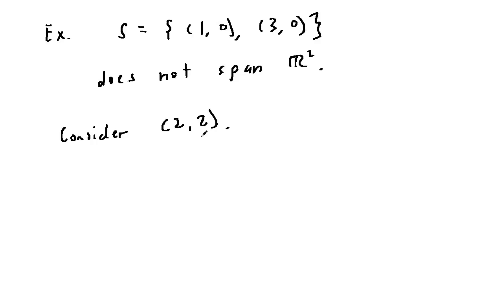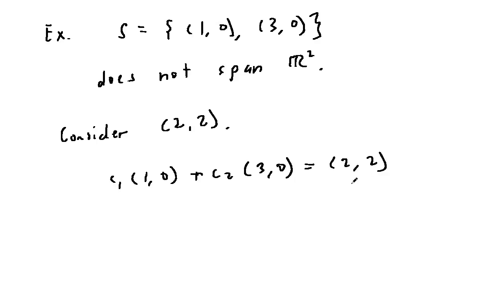If we could write 2, 2 as a linear combination of 1, 0, and 3, 0, we would have C1 times the first vector plus C2 times the second vector equals 2, 2, for some scalars C1 and C2.